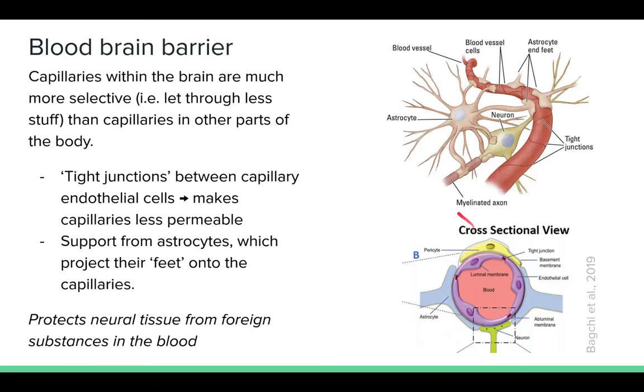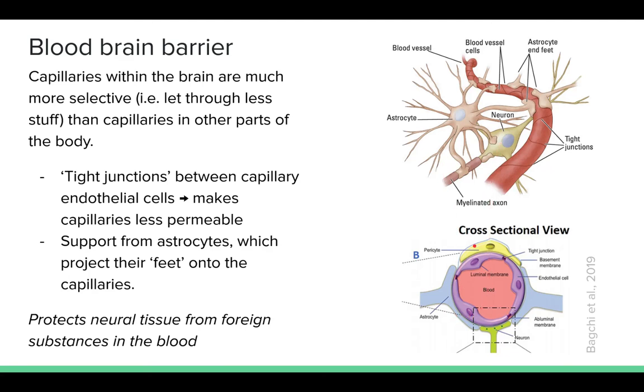If we were to take a cross-section through the capillaries, we'd see that the astrocytes send these projections, these little feet, onto the endothelial cells and onto the capillary, and this would be a means for nutrients and other substances to get from the blood into the astrocyte, and then from the astrocytes into the neurons. So the astrocytes almost serve as a kind of gatekeeper to make sure that only the substances that should be getting into the neurons actually can get into the neurons.